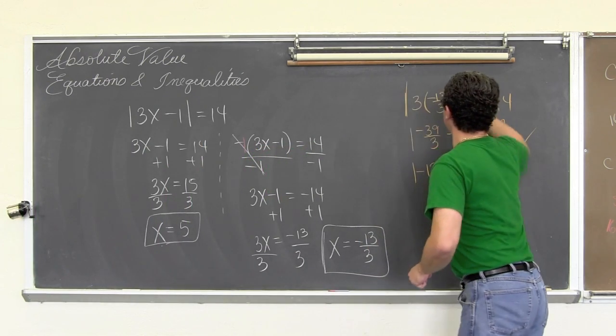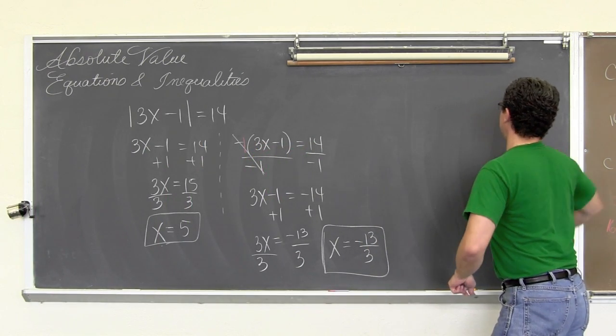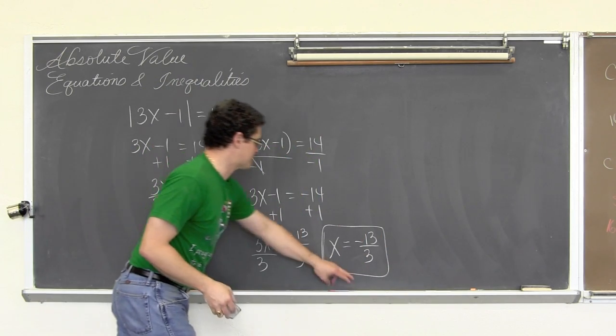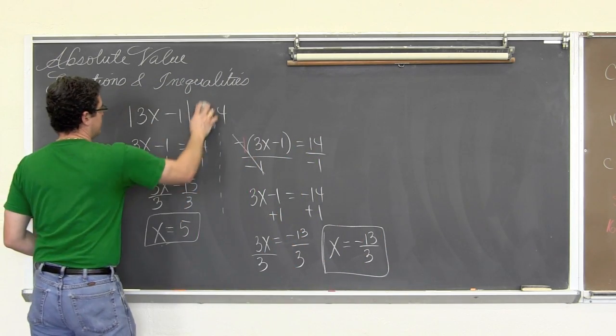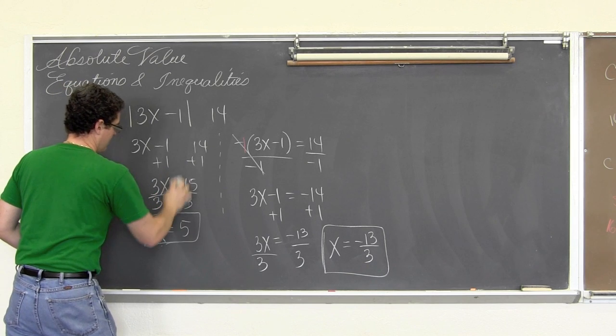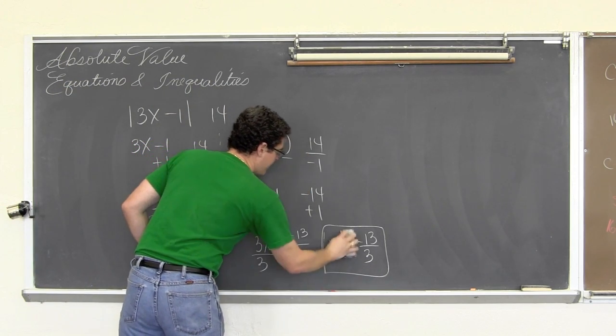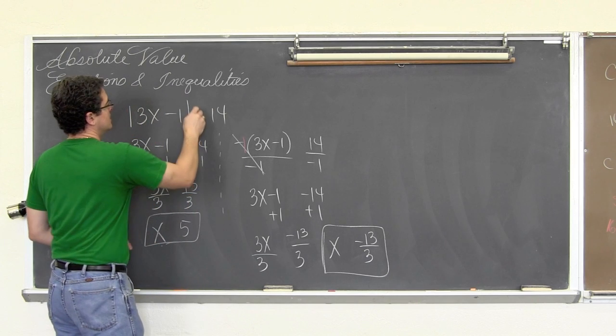If you were not given this problem as an equation, but if you were given this problem as an inequality, how would the work change? Well, it wouldn't change by very much.